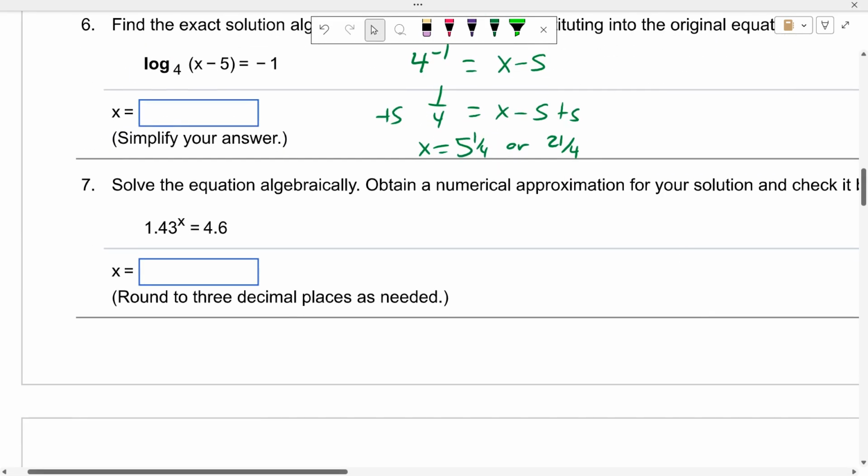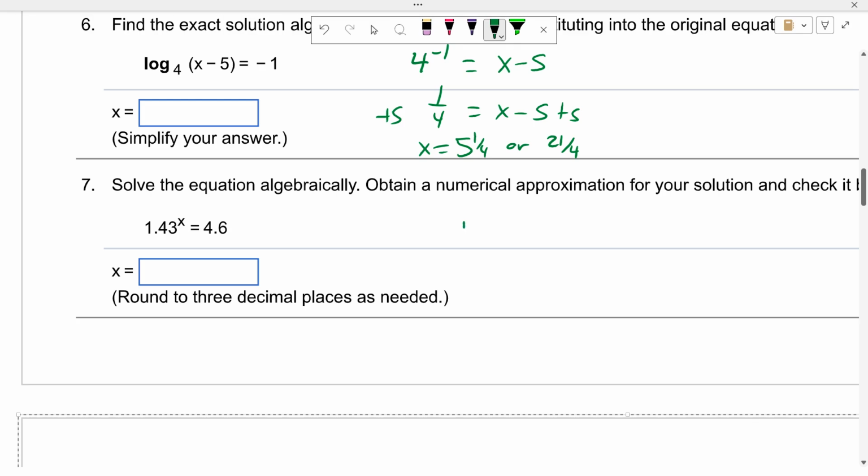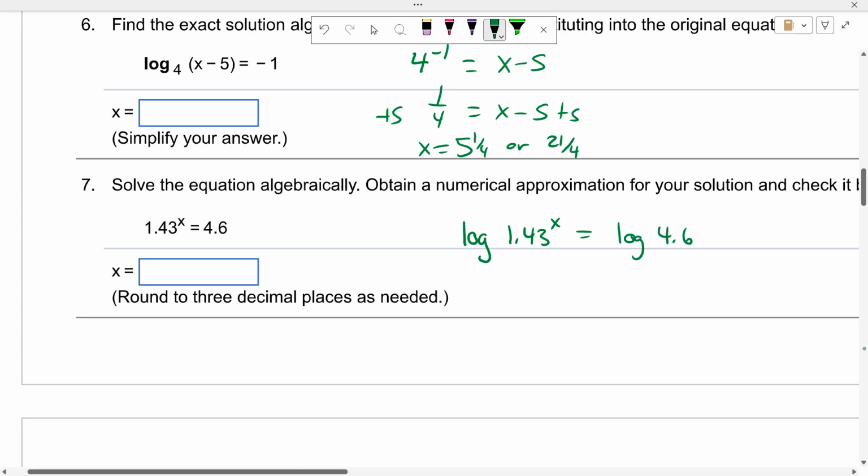This next one is a calculator problem. 1.43 to what power equals 4.6? Okay. Simply, we log both sides. Log of 1.43 to the x equals log of 4.6.